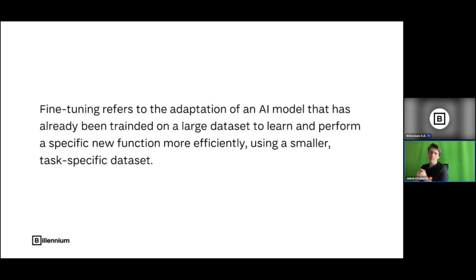But we would like it to learn a new specific task, such as understanding our company values or our company language or anything that it has not yet been trained on or given access to, using some smaller task-specific dataset. So now we do not have to train it to make a summary or a sentiment analysis, because it already knows how to do it. We would like to train it for a task that it has never been exposed to.